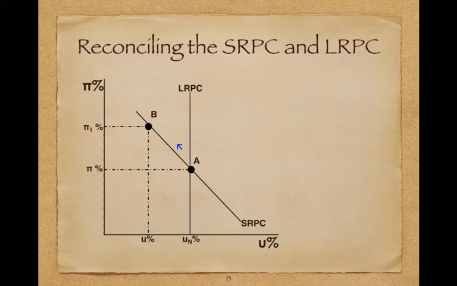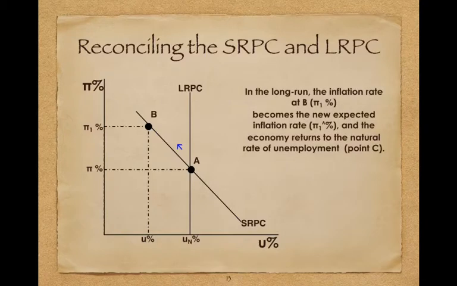Now, what we also know is that in the long run, the inflation rate at B, which we saw over there as pi 1, becomes the new expected inflation rate. So let's say that the economy adjusts and those new inflation rates become what we expect to have happen.